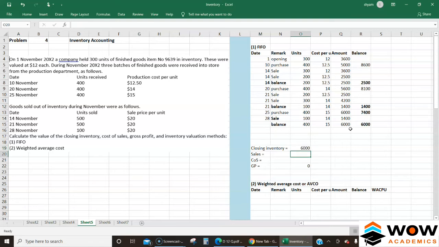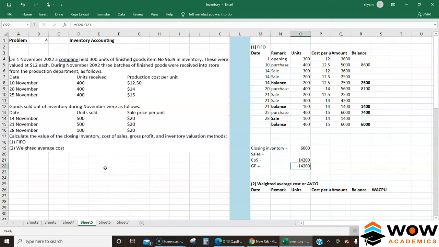Okay, and the cost of sales, add all the individual cost of sale values, so you get 14,200. And at what price are they sold? Without that we can't find out the value, so that is not given here.